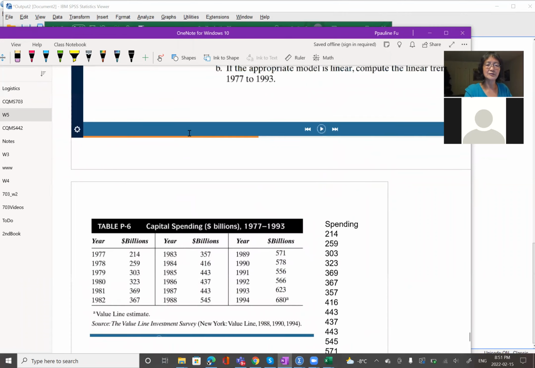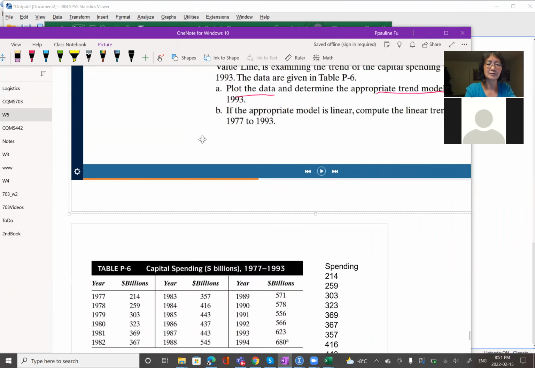And then we have question C. Question C: what is the average increase in capital spending per year?